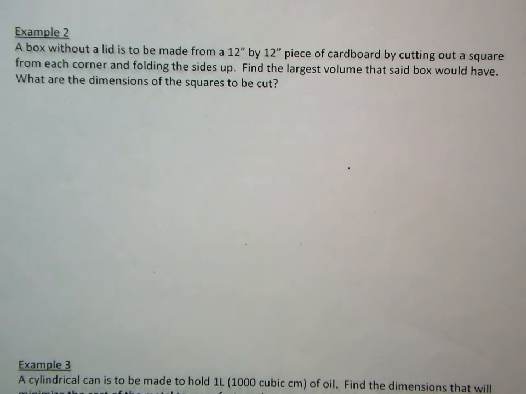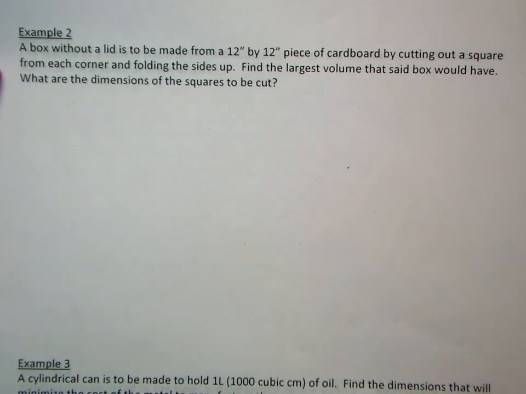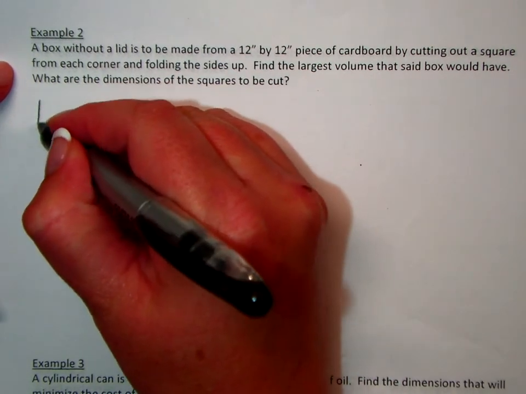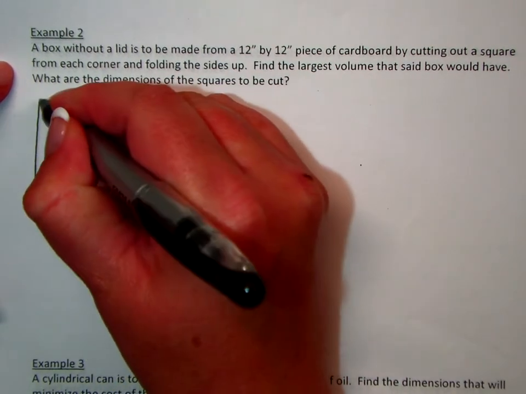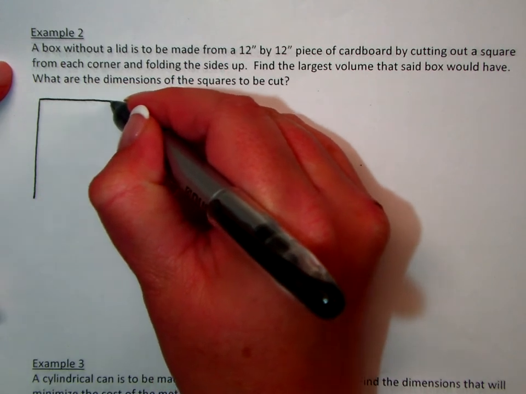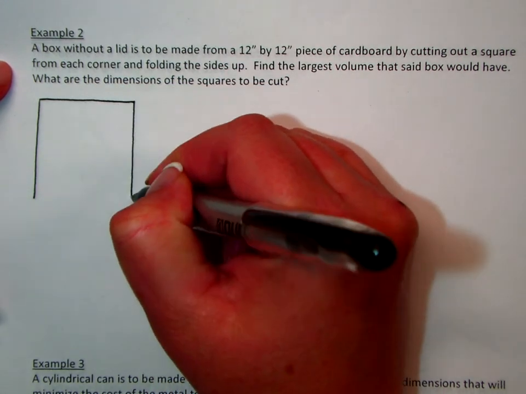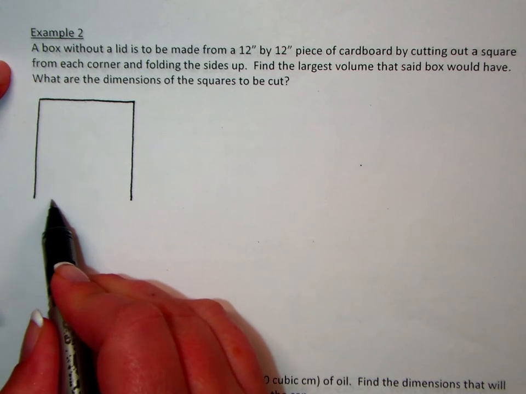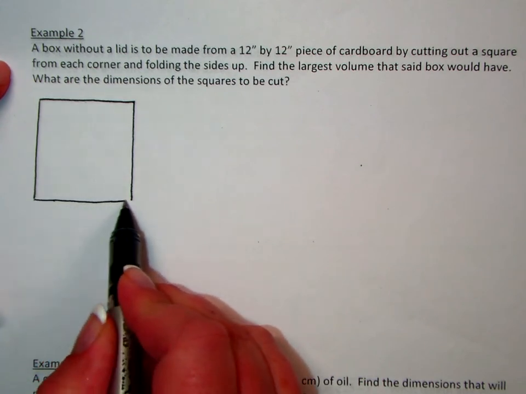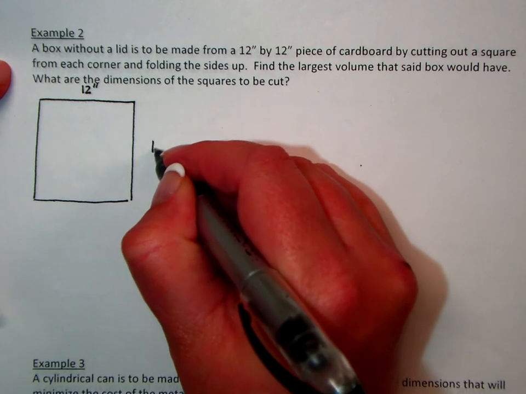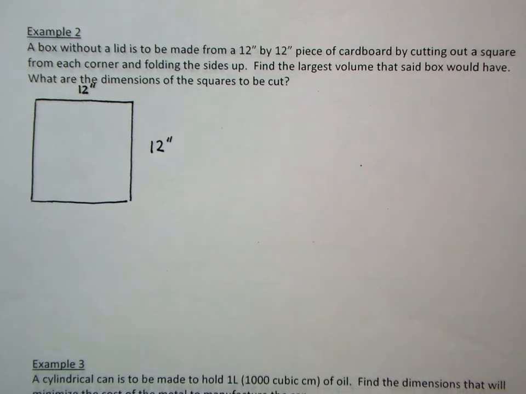So we've shown an example of this once before when we did related rates. But for now, let's draw a flat representation of this box. So we're going to start off with 12 inches by 12 inches.